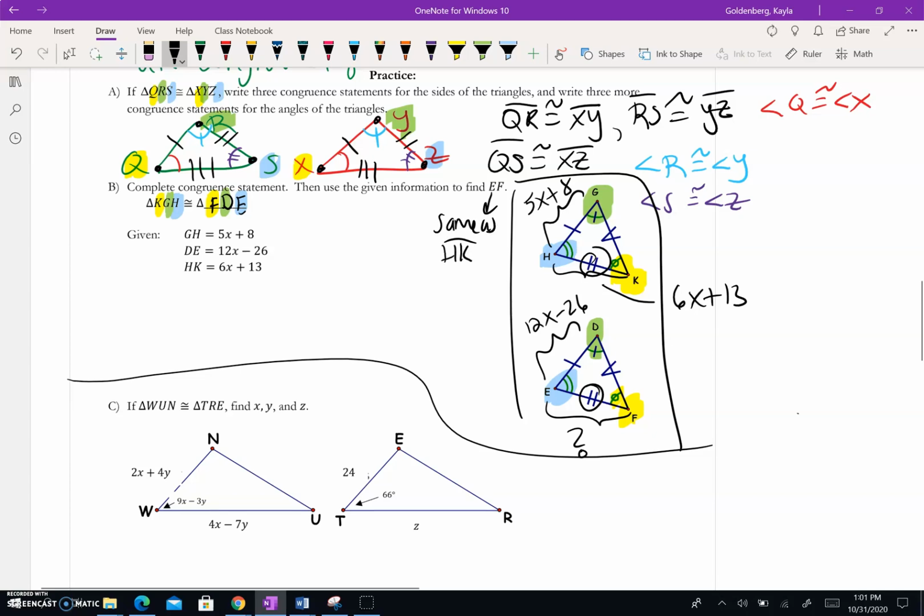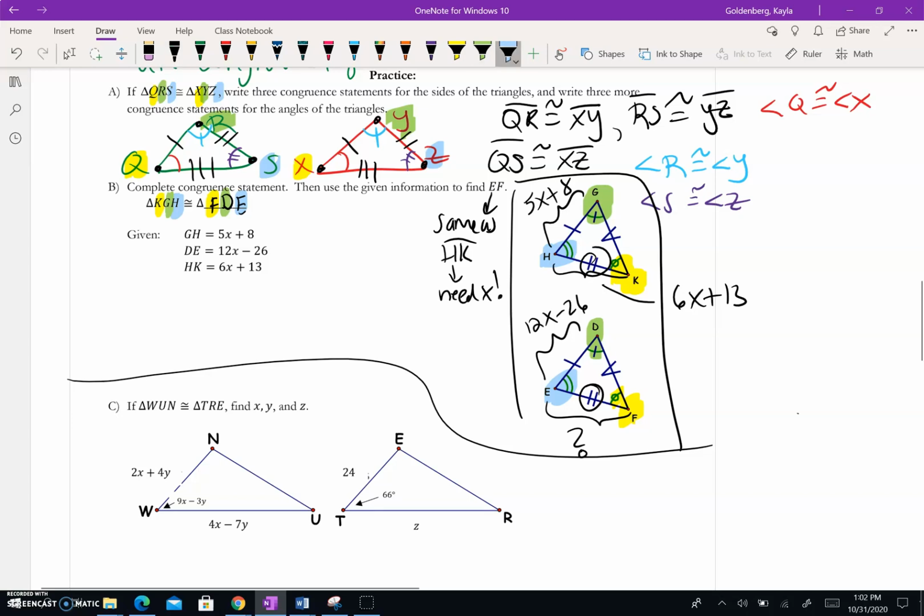They're the same length because they've got 2 tick marks each. So if I can just figure out how long HK is, then I'm good. But in order to find HK, I don't know x. So that's really complicated. My thought process is it's the same as HK, but I need x first. I don't know x, so I need to make an equation that's true.